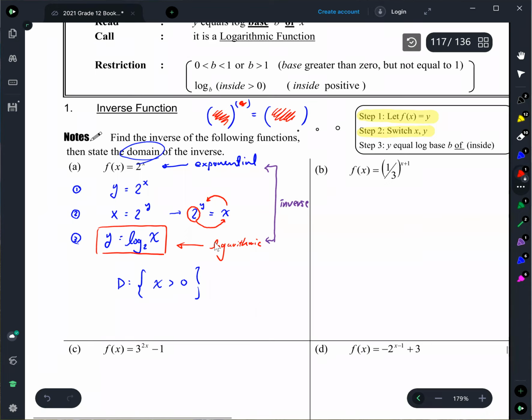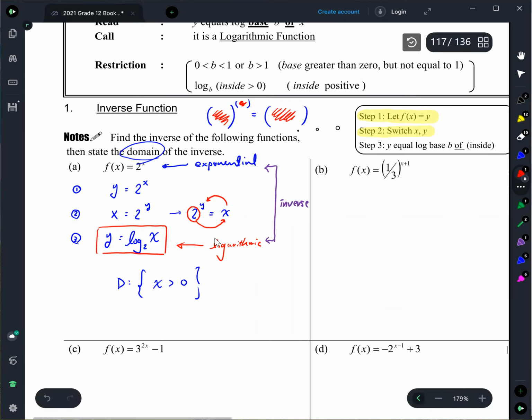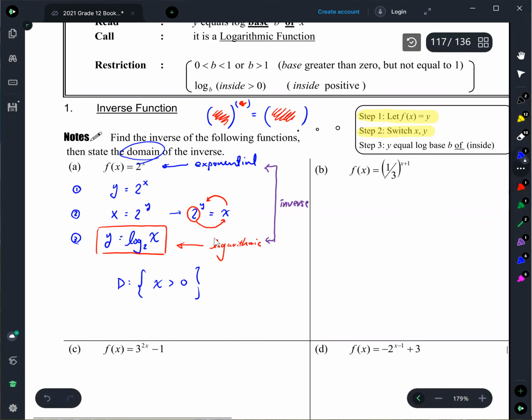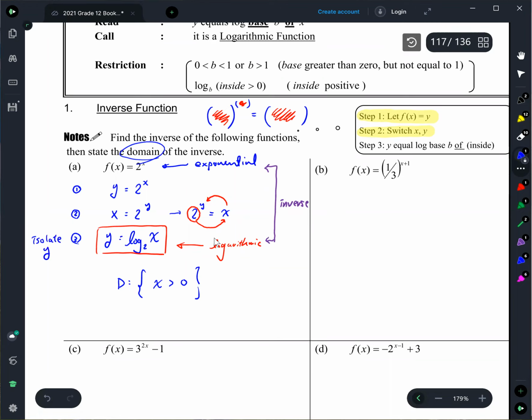So step 3 is isolate y. Please raise your hand if you're okay with this question.